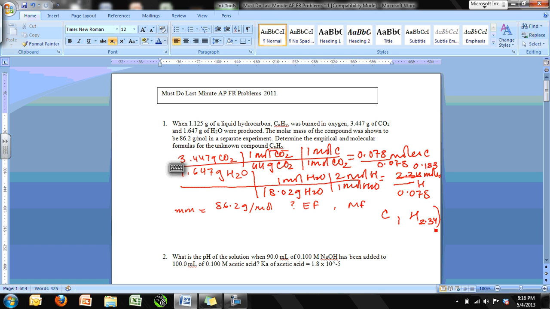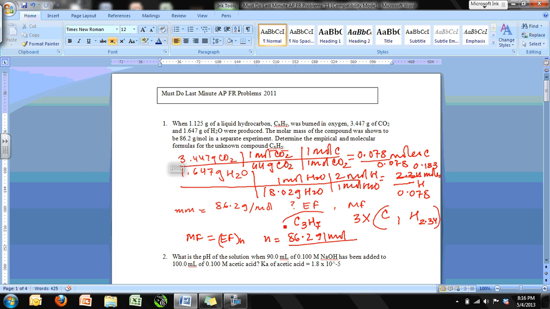And since it's a third fraction and you need a small whole number ratio, you multiply it by 3, and the empirical formula hence comes out to be C3H7. Its molecular formula will be the empirical formula times a small whole number, and this n can be calculated by molar mass divided by empirical formula mass.